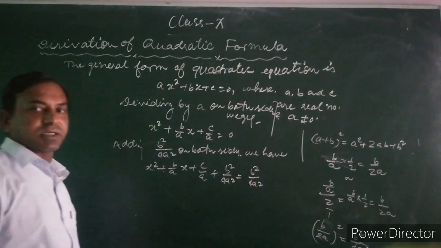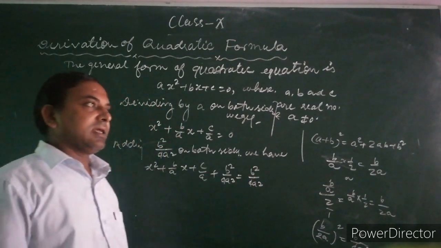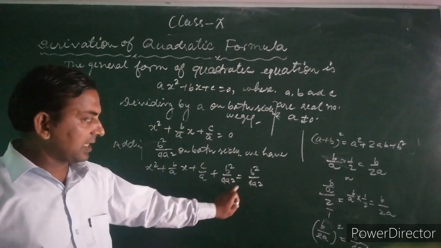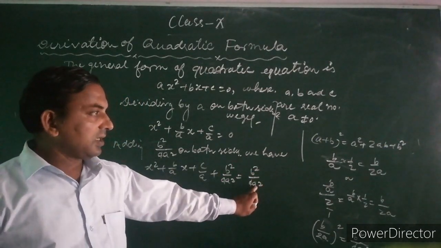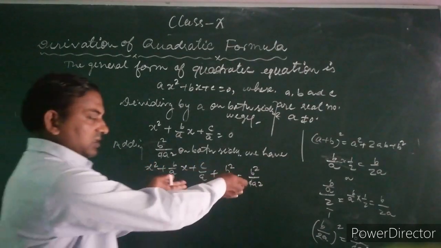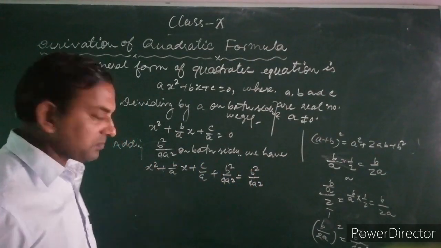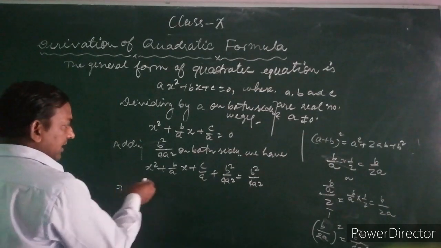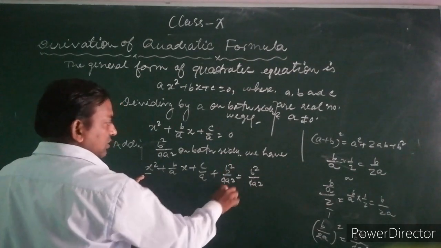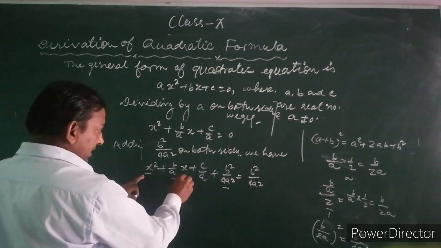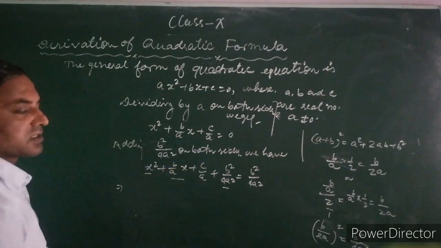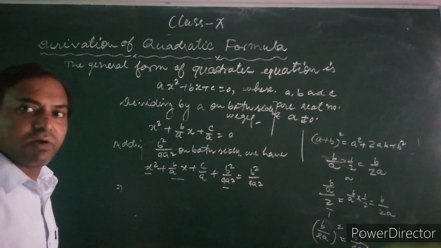Clear? We have added the same thing on both sides. We write b square upon 4a square on the left hand side and b square upon 4a square on the right hand side. Therefore, this equation is balanced. Now we join x square, b upon a x and b square upon 4a square. Taking these three terms and combining them, we make a perfect square.